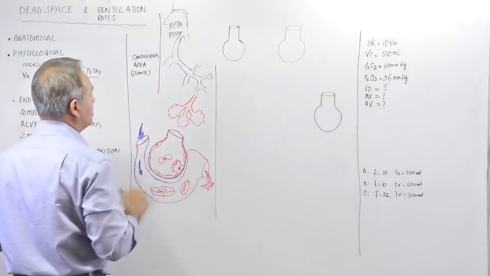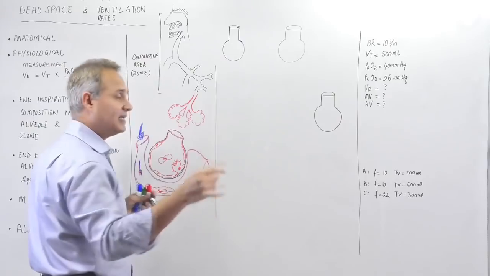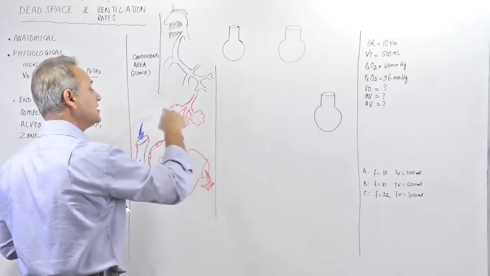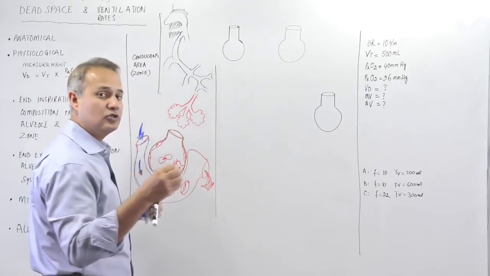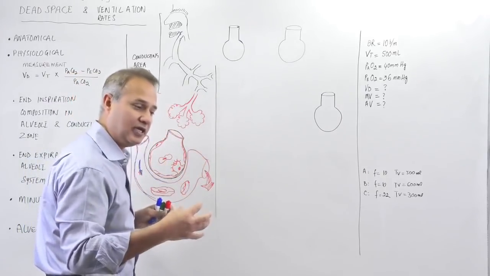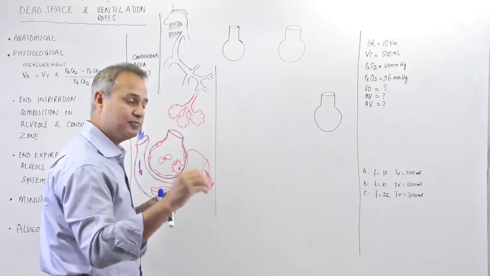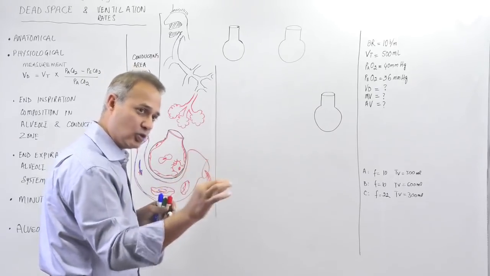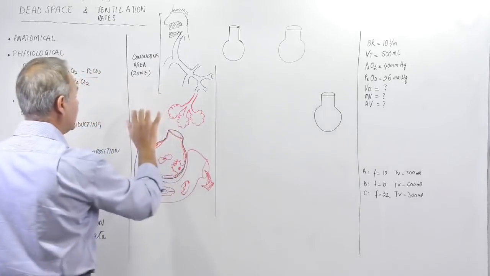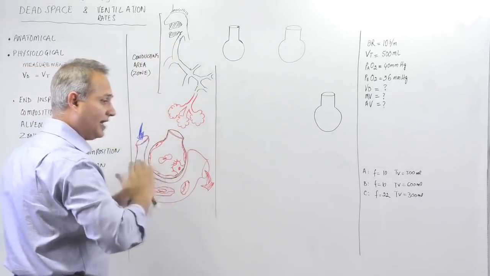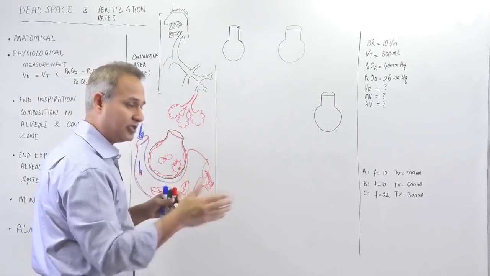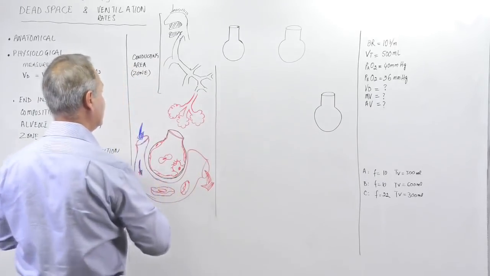Also, we'll see that in areas where the gaseous exchange should occur, sometimes those areas also are not functioning properly, and we have to calculate the problem in that area as well. We'll do that all together today. So the conducting areas are where gas exchange is not happening, just conduction of the gases.